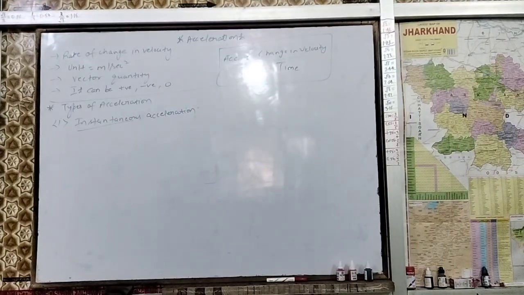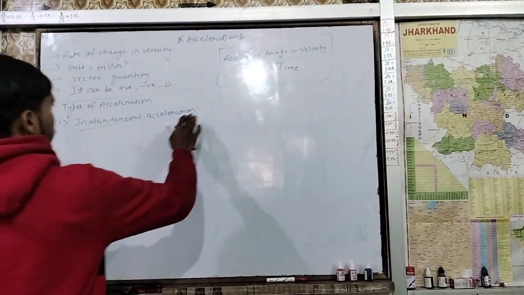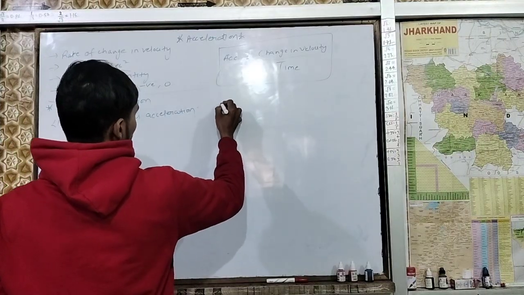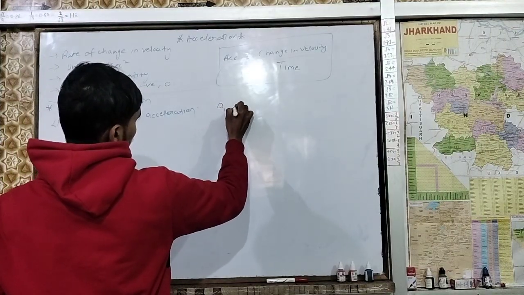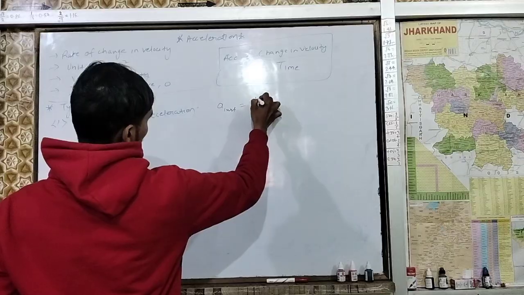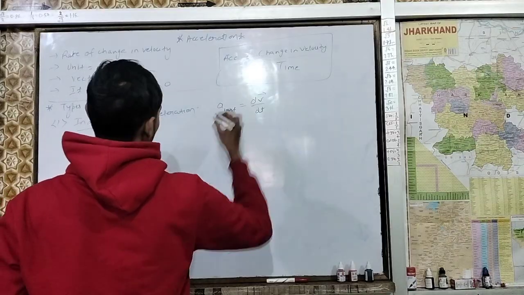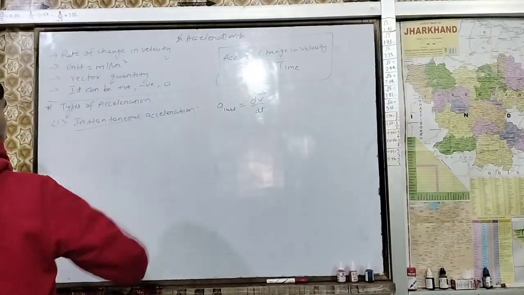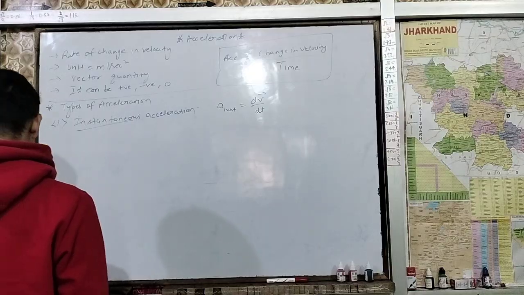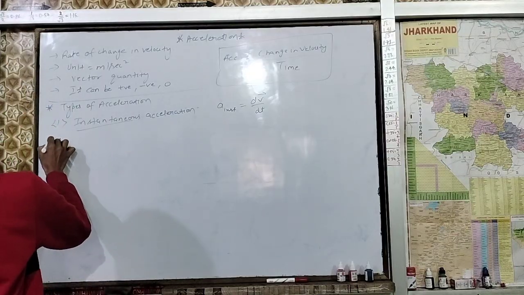The formula for instantaneous acceleration is a equals dv upon dt, where v is a vector. Now second, we have uniform acceleration.